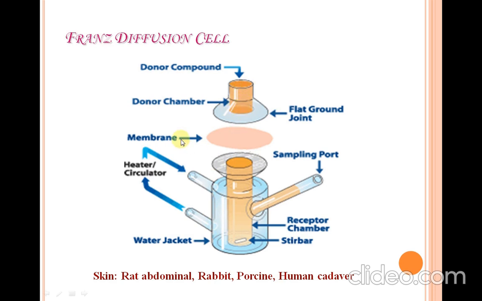And this is a membrane. This membrane may be the skin of an animal or human, or it may be a synthetic membrane like membrane filters. If we are using a membrane filter, we keep it here, and upon this we keep our transdermal patch.